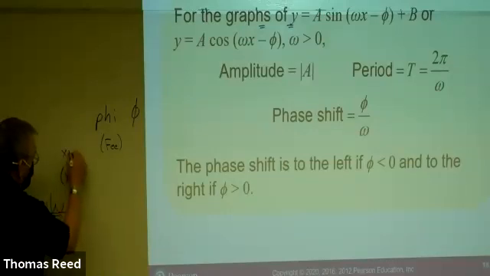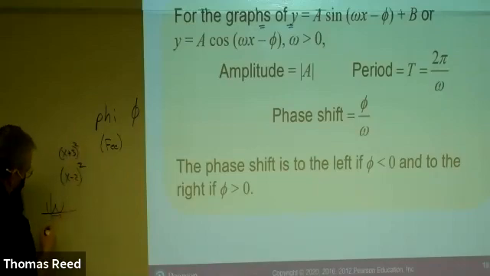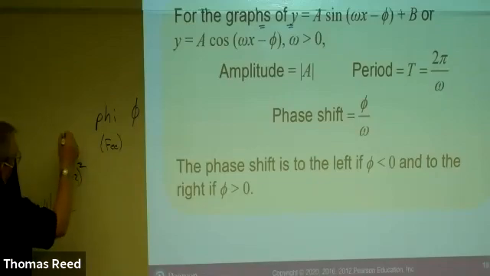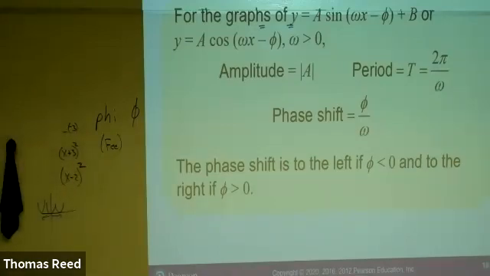If it was x plus 3 squared, then that means it got shifted 3 units to the left, because that's a -3 we're subtracting. So whatever the sign is in here, it's the opposite.